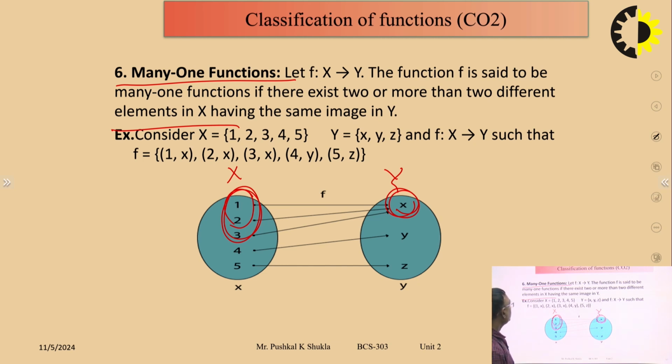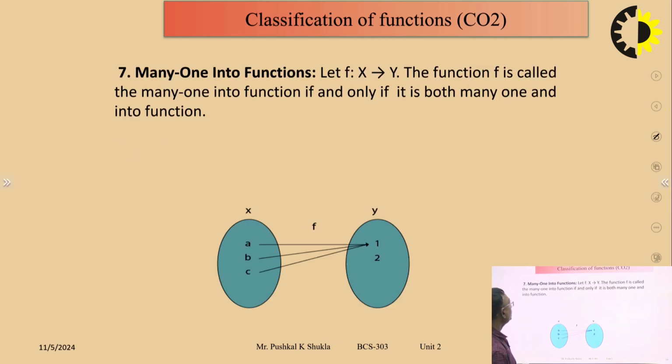Many-one into function. Let f be a function from x to y. The function f is called a many-one into function if and only if it is both many-one and into. It means there must be at least two or more elements in x which have the same image in y, and there must be at least one element in y which has no pre-image in set x.